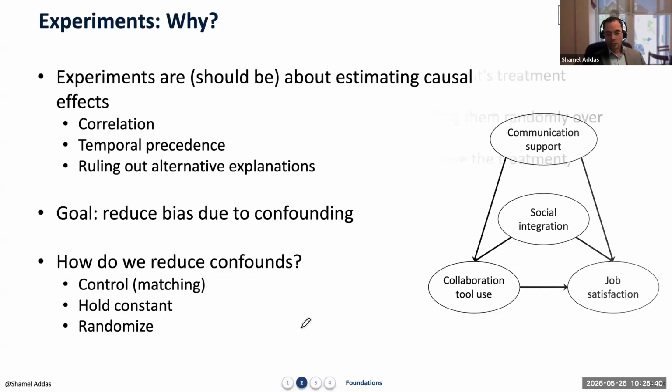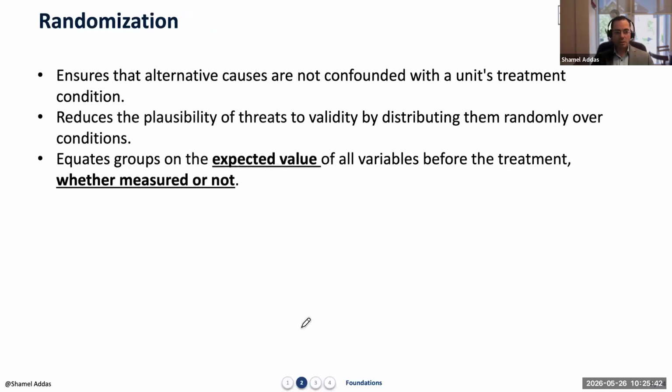Okay. So randomization is a really cool tool because it allows us to ensure that the alternative causes are not confounded with the treatment condition. Okay, so it's very effective a lot of the time, not all of the time, but a lot of the time in reducing the plausibility of threats to validity because it distributes them randomly over the conditions.